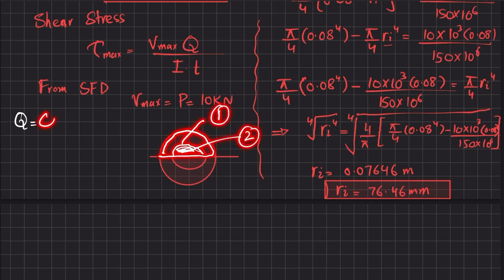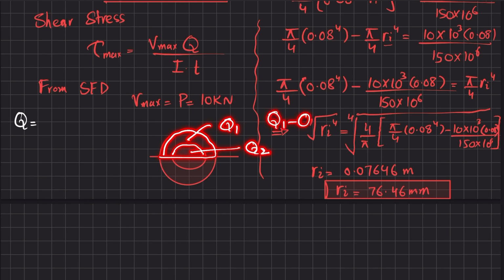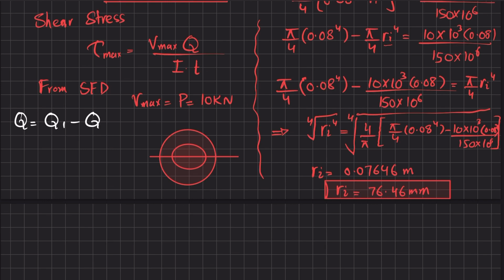We will subtract Q1 minus Q2, which will give you Q. Clear? So we will find Q1 for this semicircle and Q2 for this one. So Q1 minus Q2 will give you this shaded portion. Clear? So it will be equal to Q1 minus Q2.